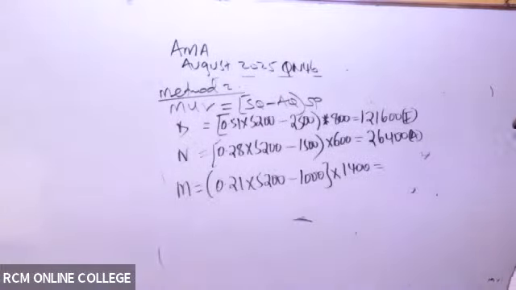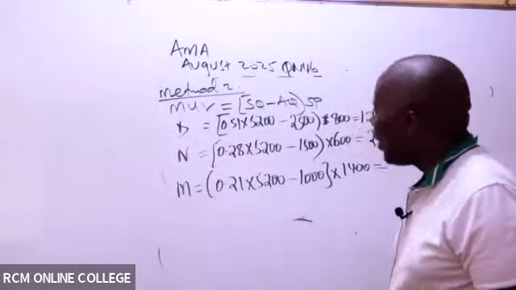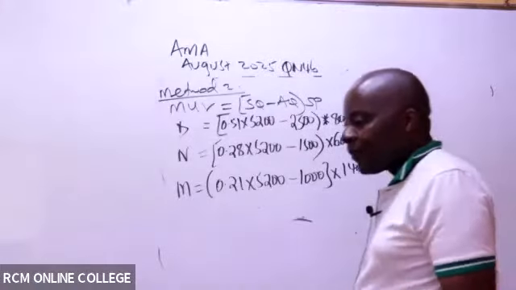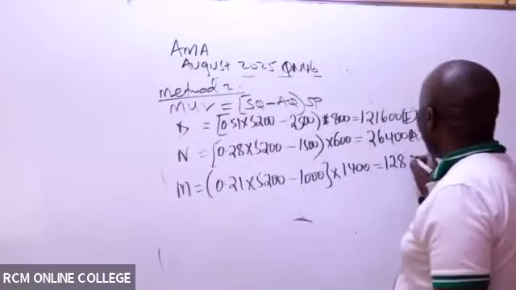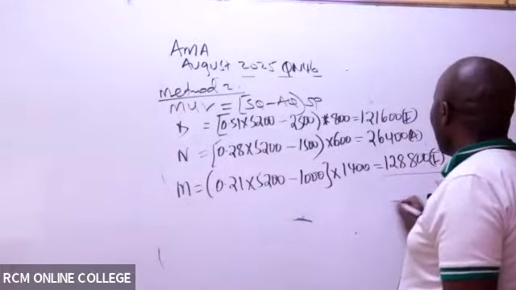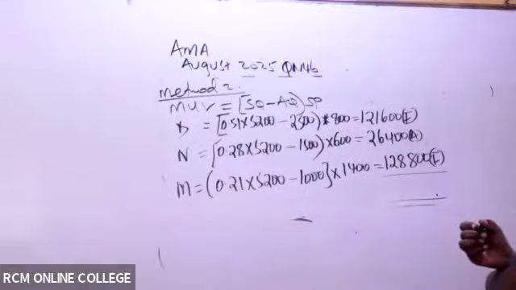So I'm being given a figure of 128,800 favorable. Is that okay? Favorable.